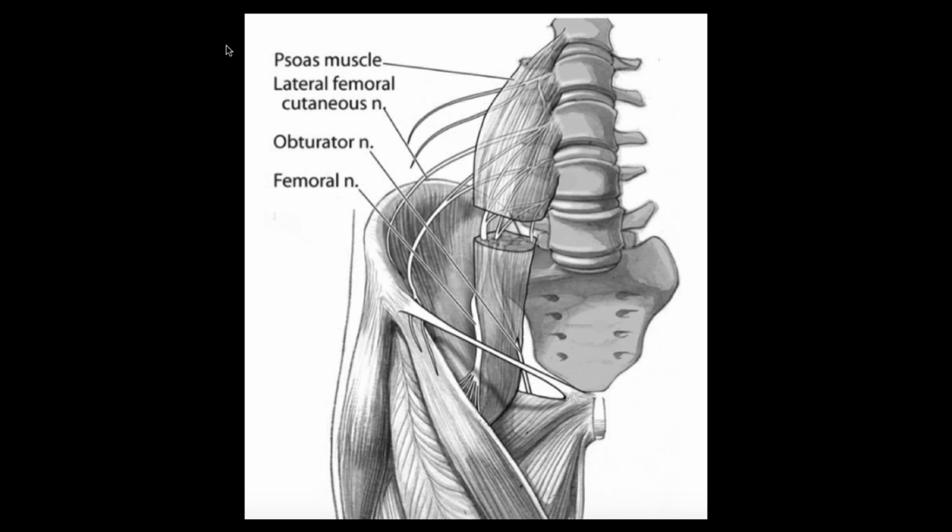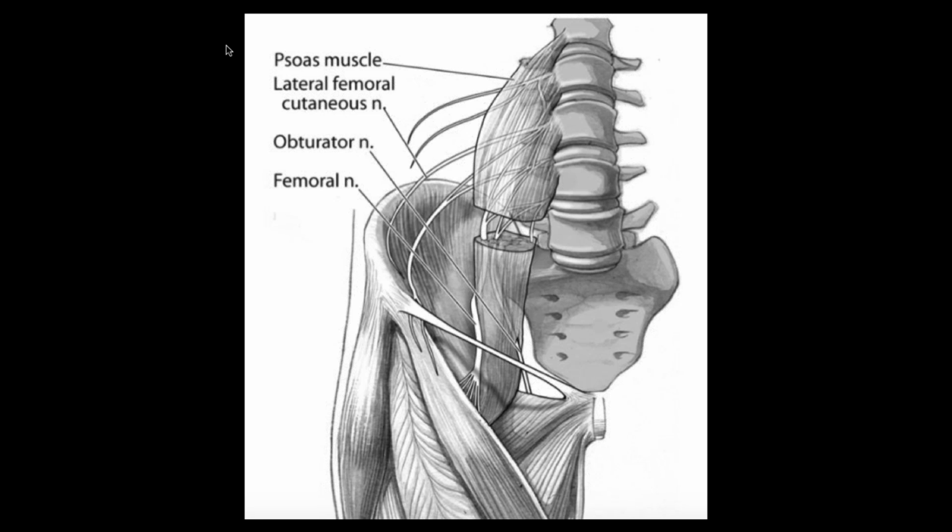So the femoral nerve takes off from the anterior lumbar plexus from L2 to L4 and comes out around, as you can see here, the psoas muscle, and then peeks out underneath the inguinal crease. And so we are going to be picking it up at the level of the femoral vessels, a view that we're all accustomed to from placement of central lines, where we are going to pick up and block our femoral nerve.